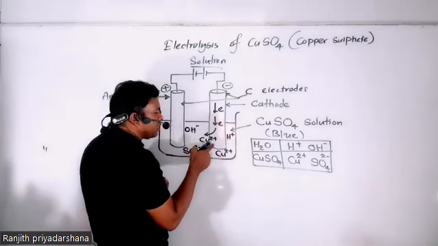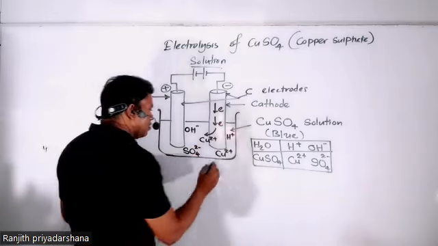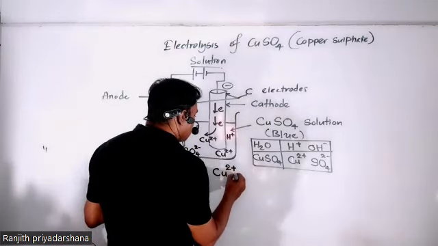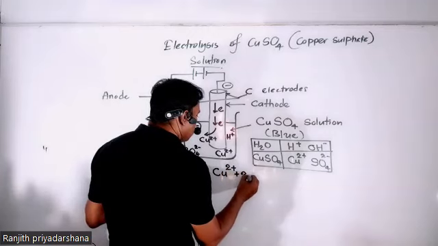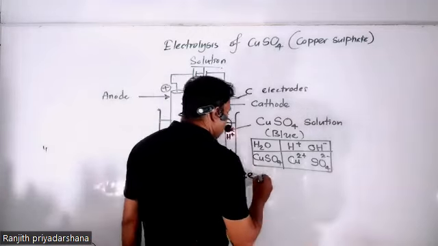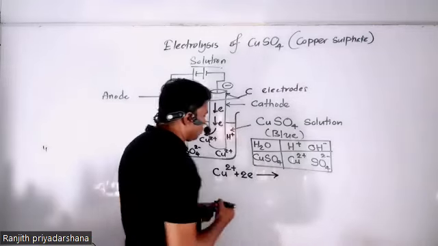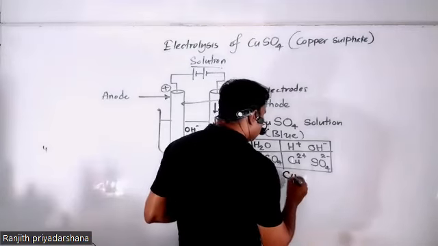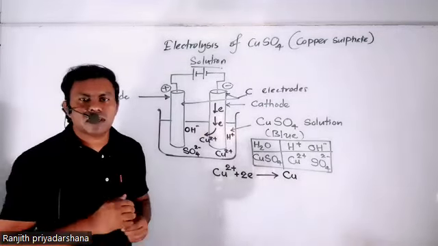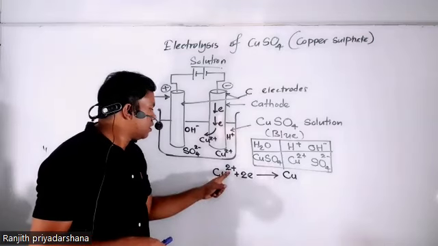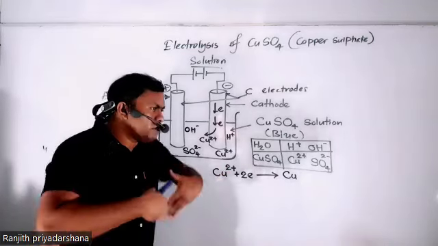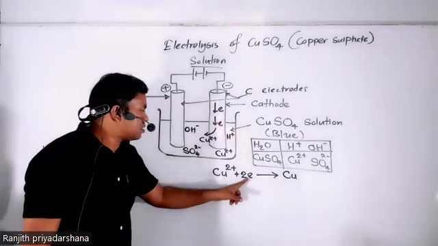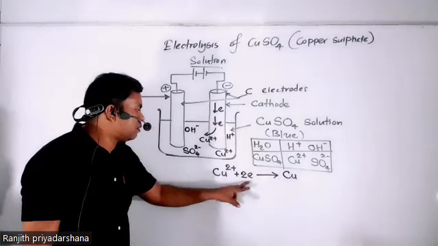It takes two electrons. Look at this, Cu2+ takes 2 electrons. So what is formed? Copper atoms are formed. That's neutral in charge. It was positive because its electrons had been released. Now, in this process of electrolysis, it gets a couple of electrons.